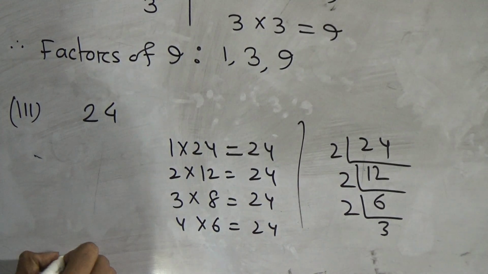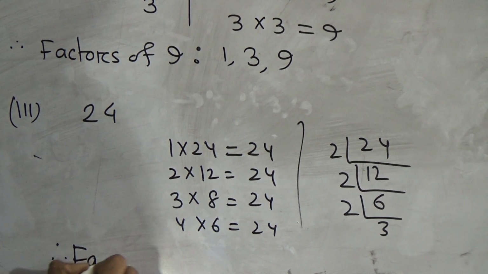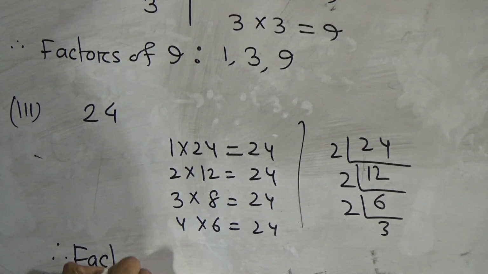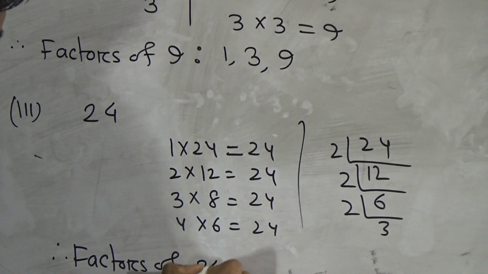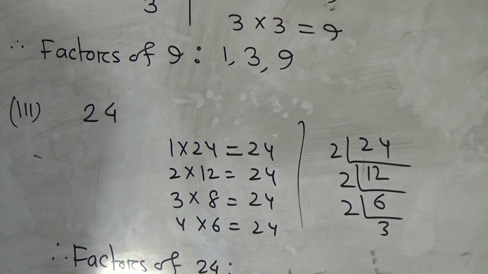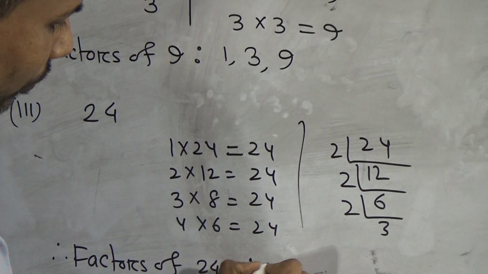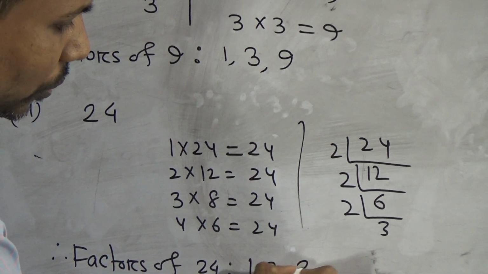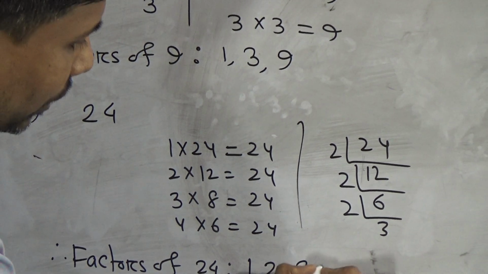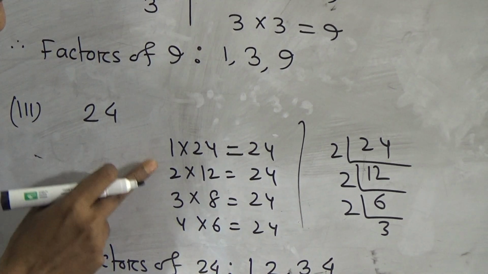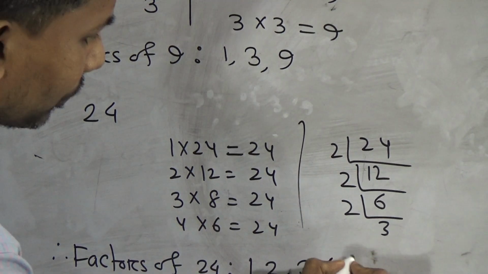Okay. Therefore, the factors of 24 are 1, 2, 3. You see 1, 2, 3, 4. Then what?